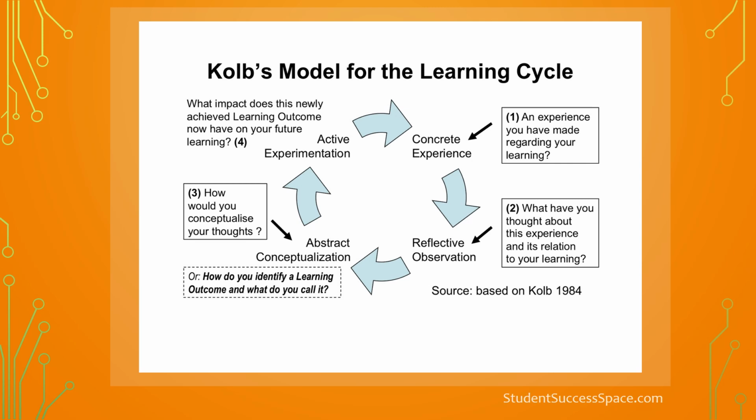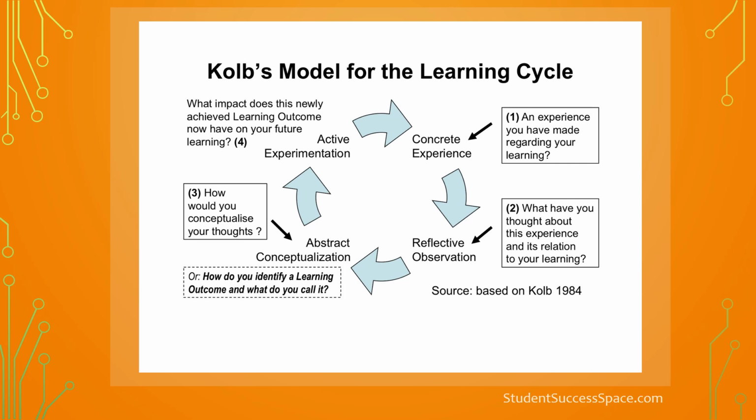Third, learning occurs when there are conflicts to be resolved within a learning experience. Fourth, learning is a holistic process. It is looking at the world as a whole. Fifth, learning is actually a result of an interaction between an individual and their environment. Lastly, sixth, learning is a process of creating knowledge through experiences. So knowledge is created with an interaction.